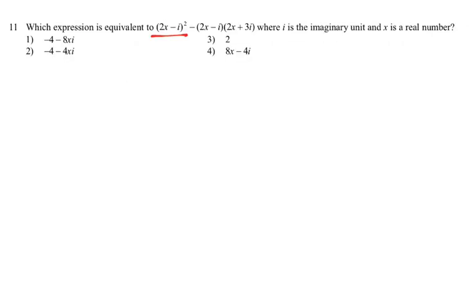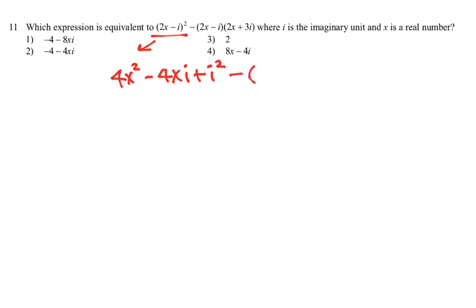Alright, number 11. We just have to expand this one and then combine them. Then 2x minus i squared becomes 4x squared minus 4xi and then plus i squared.